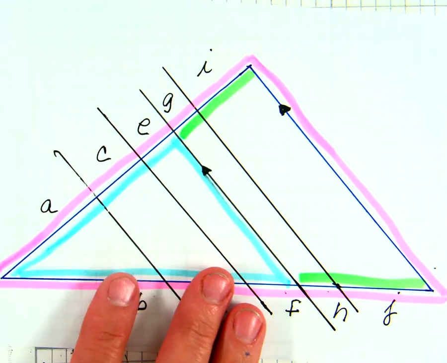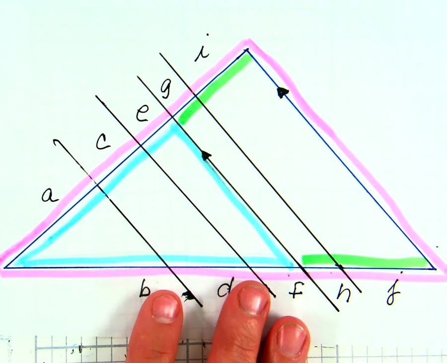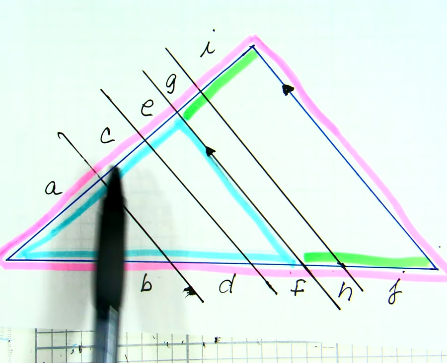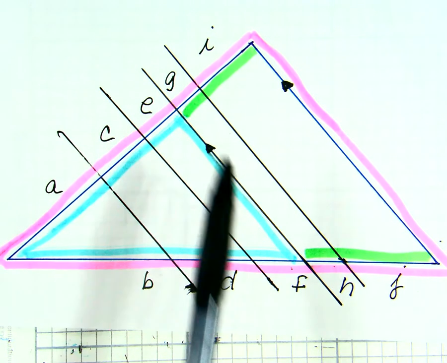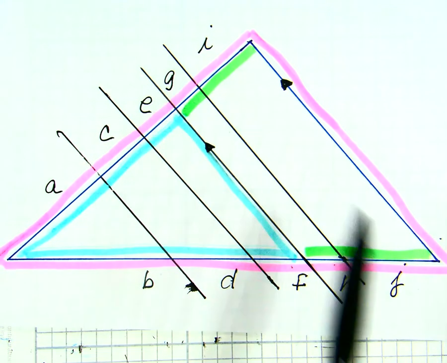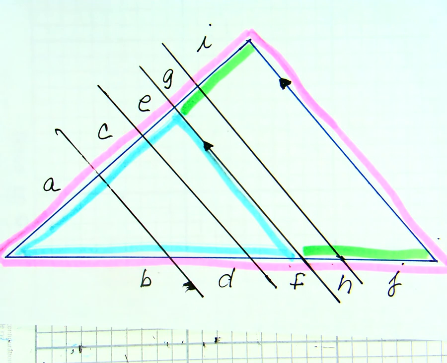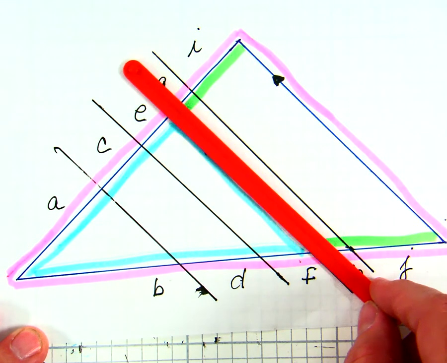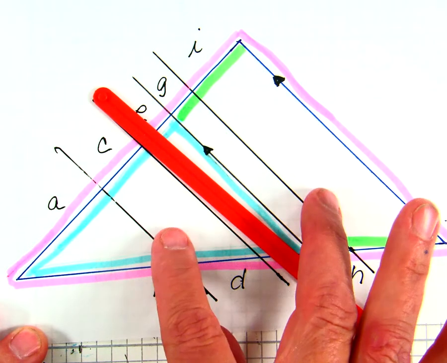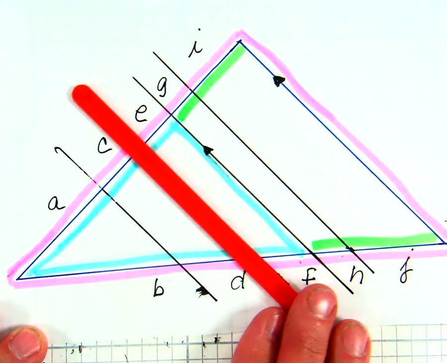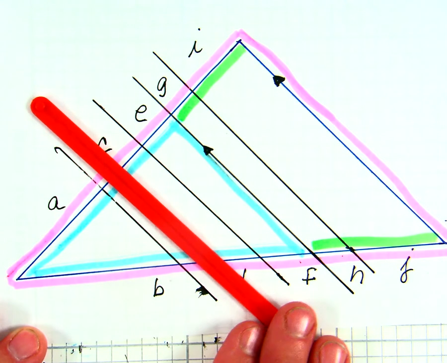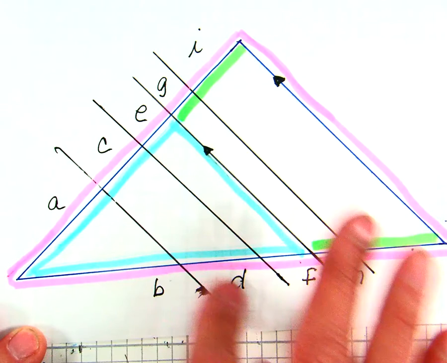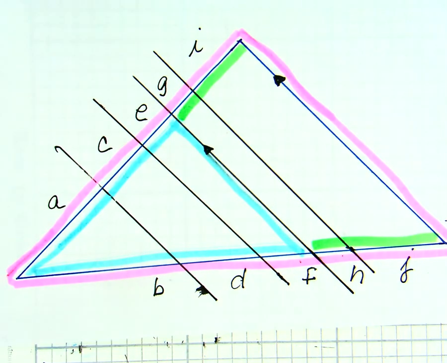So now by analogy, by extension to the same argument that I just made, you should be able to see, I hope, that A is to B, as C is to D, as E is to F, as G is to H, as I is to J. Because in each event, we're sliding and closing up the triangle to make a smaller triangle each time, and the two triangles will have the side at the same angle, and every time we do it, the rate will remain the same, so these will remain in proportion.